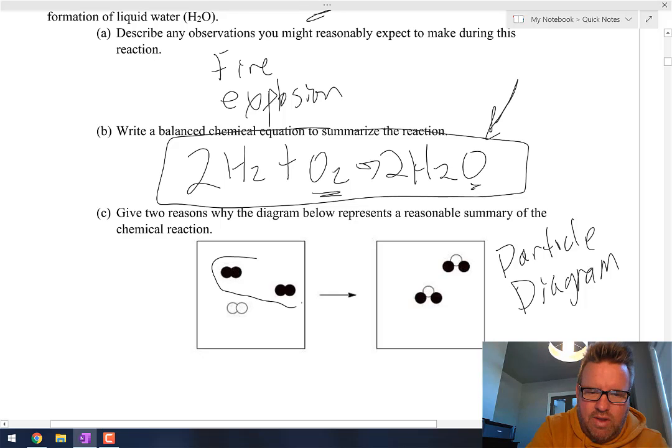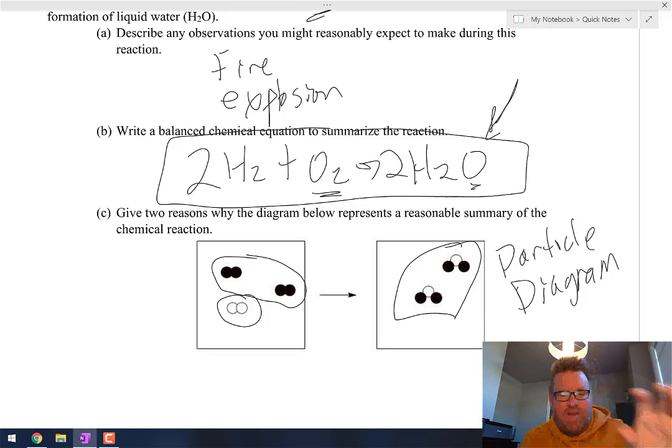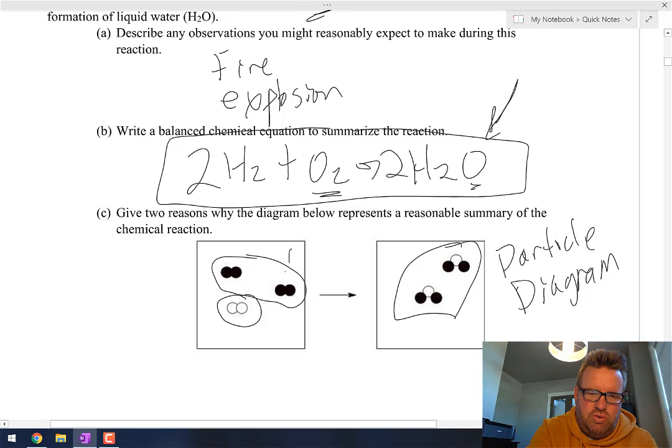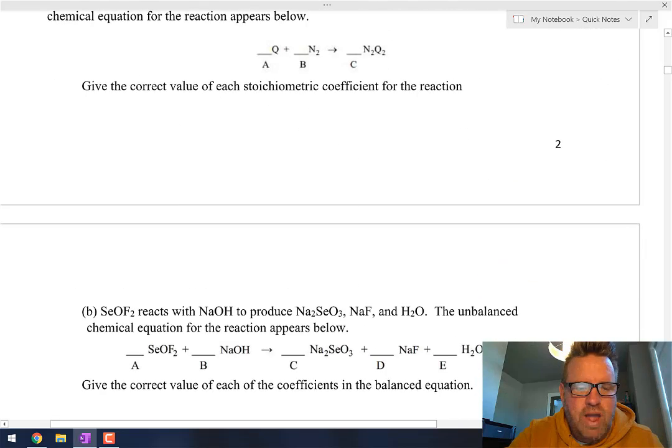Well, you've got 2 hydrogens, and then you've got 1 oxygen molecule, and then you have 2 water molecules. So one of the reasons might be that it's balanced, that the number of atoms is correct, and another reason might be that the molecules are drawn correctly as H2, O2, and then H2O like that. Okay.